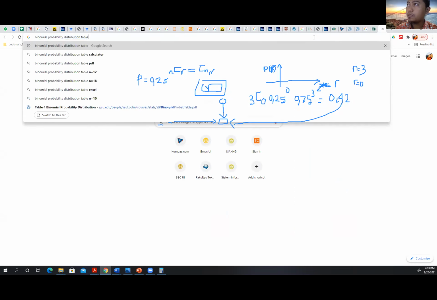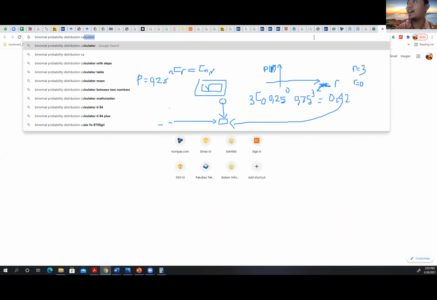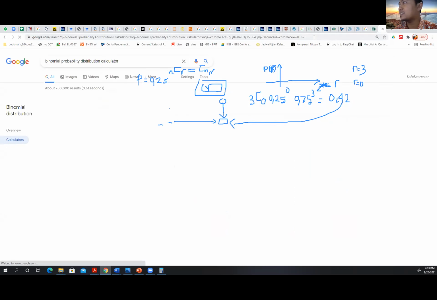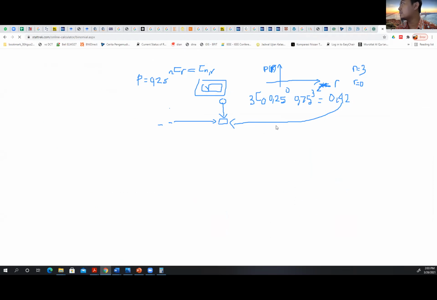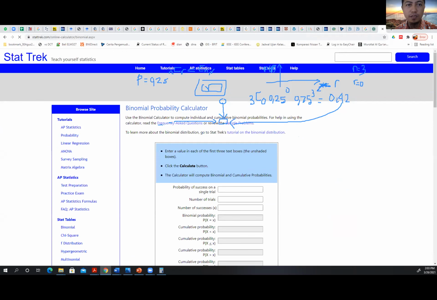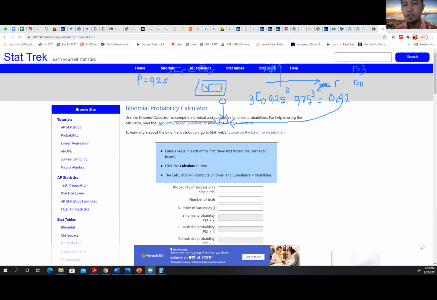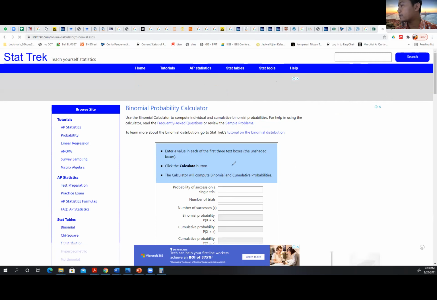Okay, binomial probability calculator. I think I like this one. You can also check by computing using this one. Okay, wait a moment. You can use a calculator, of course.